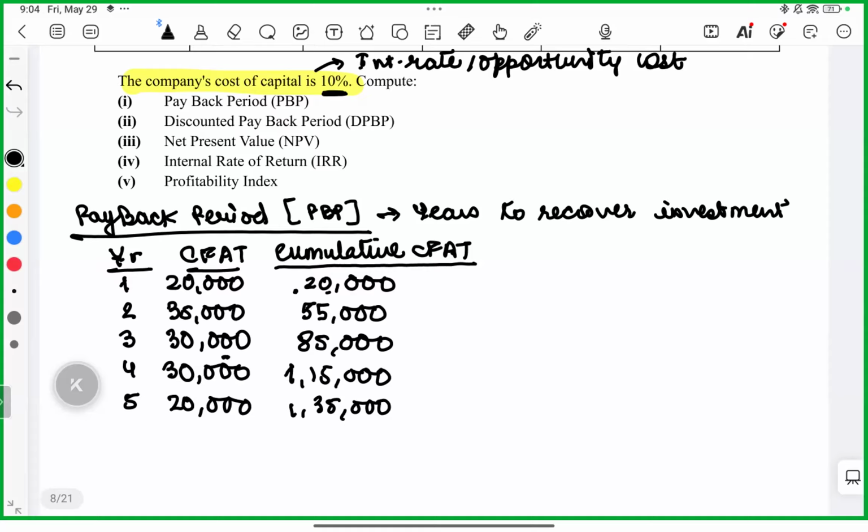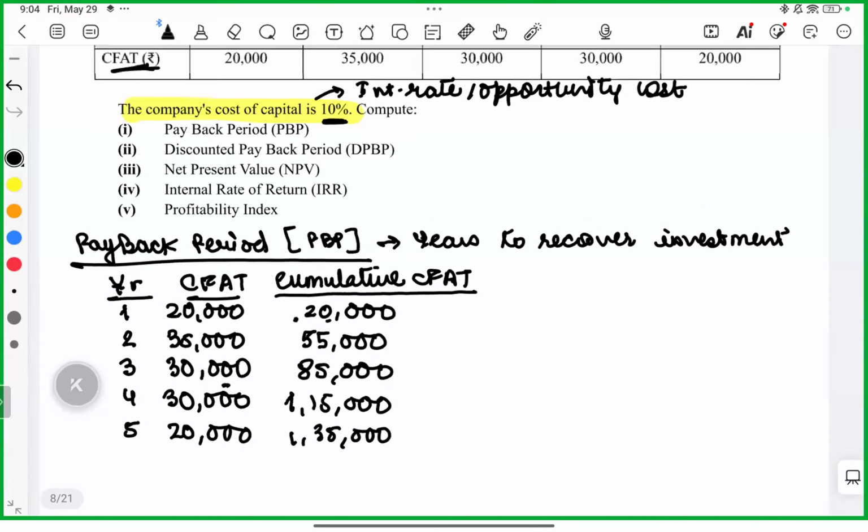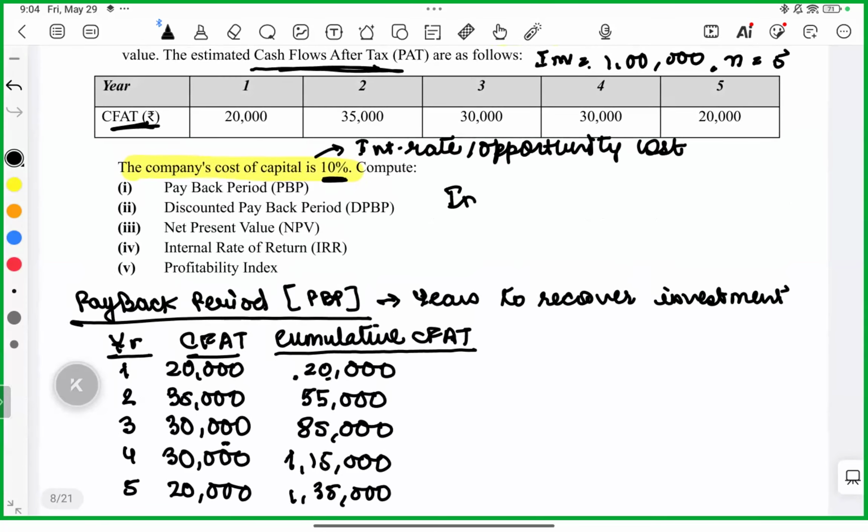This CFAT is nothing but cash inflow. You can also call this a benefit. Here your investment of 1 lakh is your cost, and CFAT is your benefit. So what we are essentially doing is cost benefit analysis.